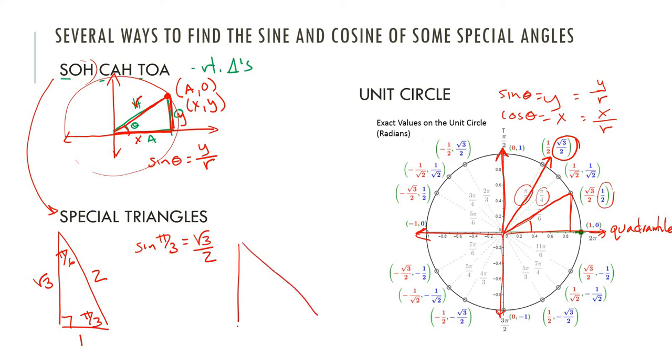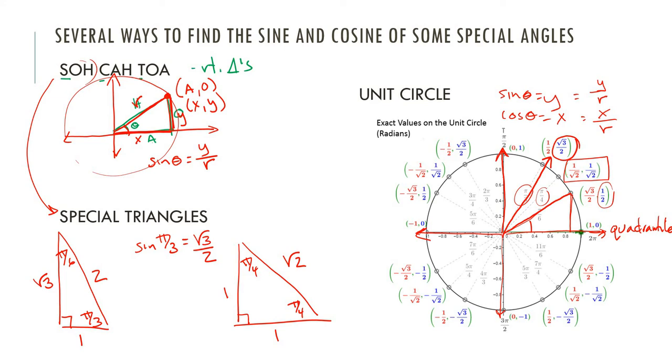The other triangle is my pi over 4, my isosceles right triangle, and the side lengths here are 1, 1, root 2, and that would give me the same as the values off the unit circle for pi over 4.